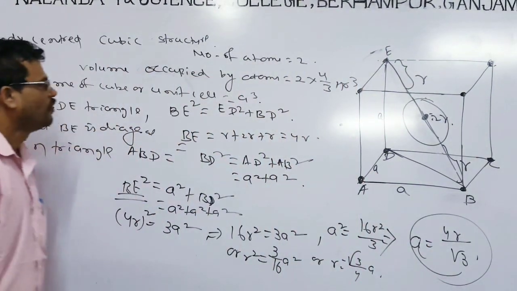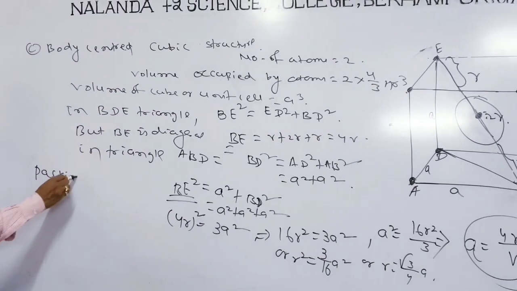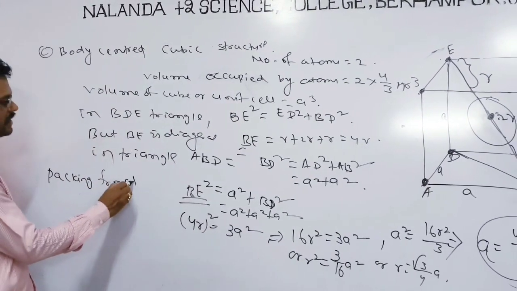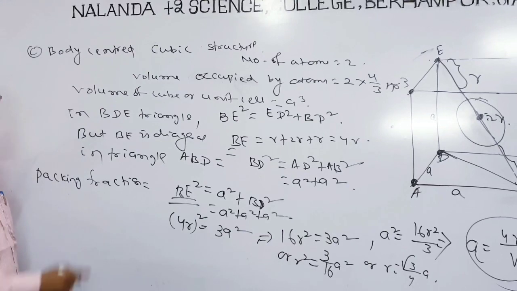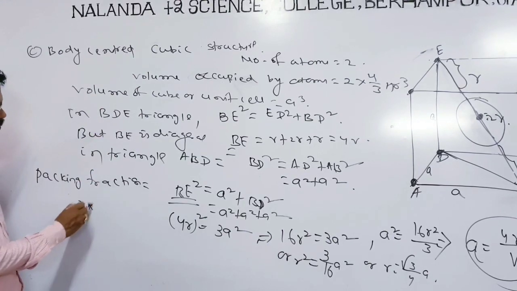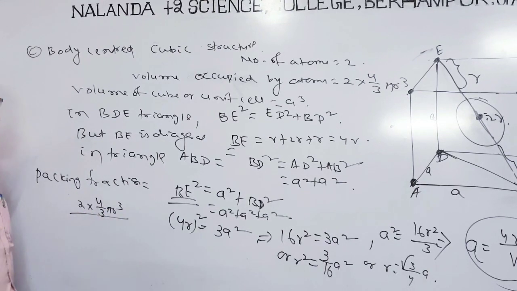So whenever you have to find the packing efficiency or packing fraction, we take the number of atoms present in that cube, 2 times 4/3 pi r cube, divided by the volume of the cube, that is a cube, and a is 4r by root 3.